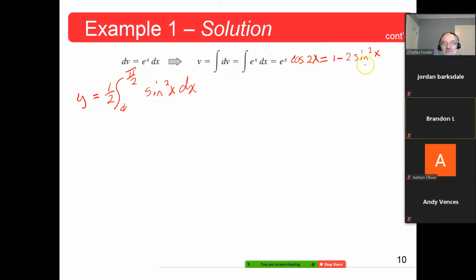So let's solve this for sine squared. What I'm going to do is add 2 sine squared x to both sides. I'm also going to subtract cosine 2x from both sides.